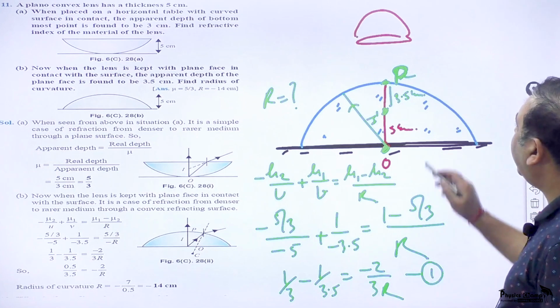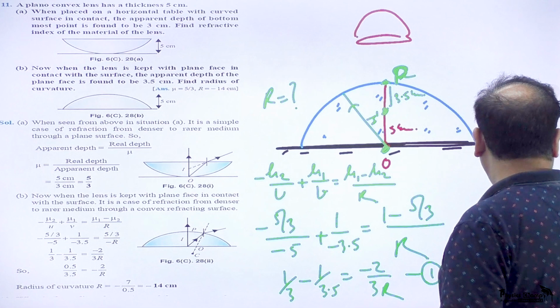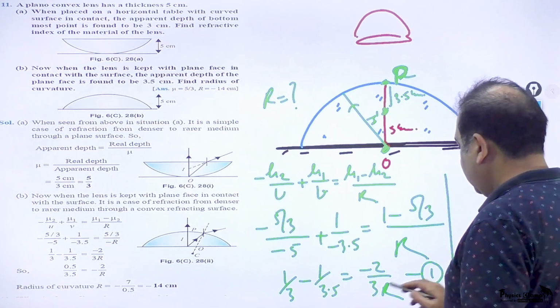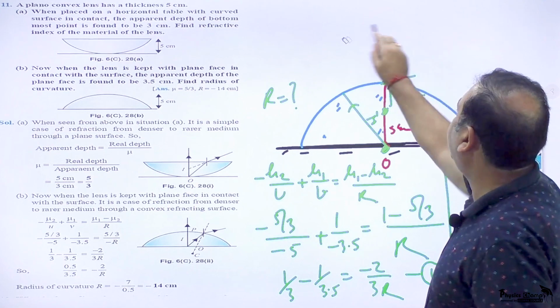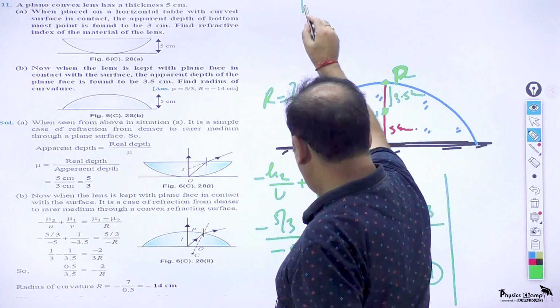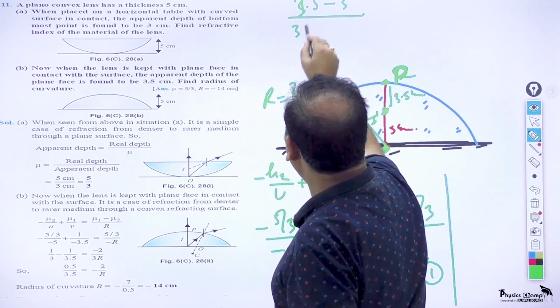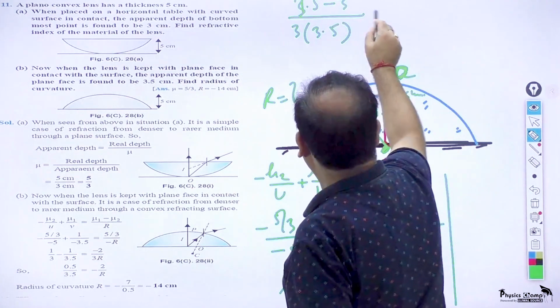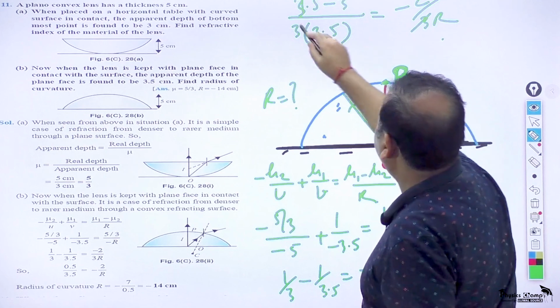If I write this equation further, I can take the LCM 3 into 3.5. This value becomes 3.5 minus 3 divided by 3 into 3.5 is equal to minus 2 by 3r. 3 gets cancelled.